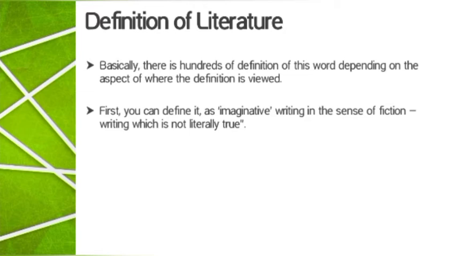The first, it can be imaginative writing in the sense of fiction writing which is not literally true. Berarti yang pertama, literature bisa diartikan imaginative writing. Imaginative ya, secara imajinasi atau fiksi yang akhirnya that is not literally true, yang tidak benar.